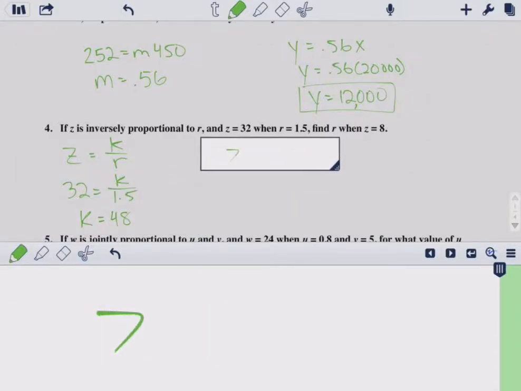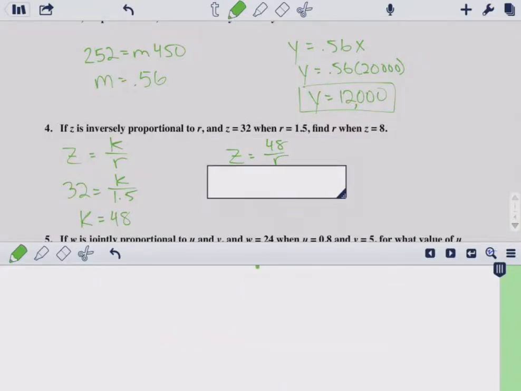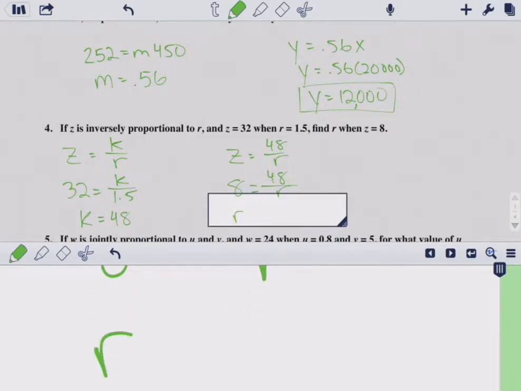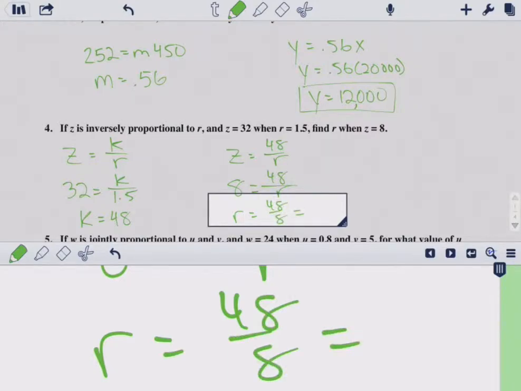So our equation is Z is equal to 48 over R, and now find R when Z is equal to 8. 8 is equal to 48 over R. So this is the same thing as R is equal to 48 over 8, or in this case R is equal to 6.